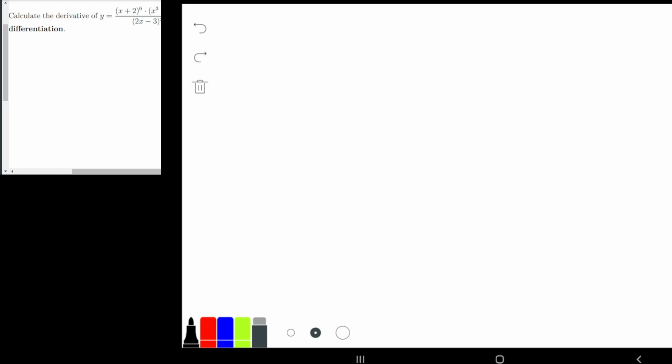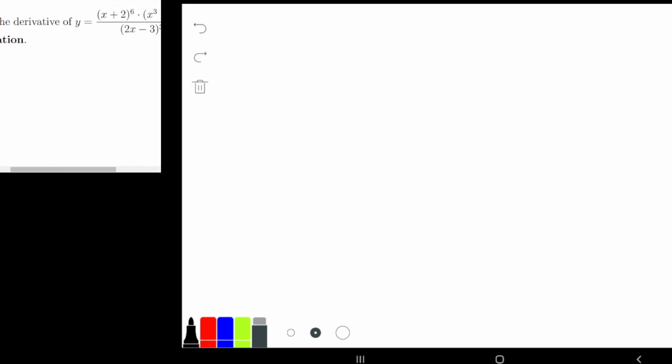There we go. So that's what we're taking the derivative of with logarithmic differentiation. Perhaps I can zoom in a bit. All right, wonderful. So the steps of logarithmic differentiation again have us beginning by taking the ln of both sides.